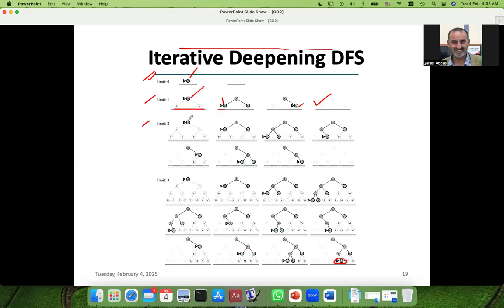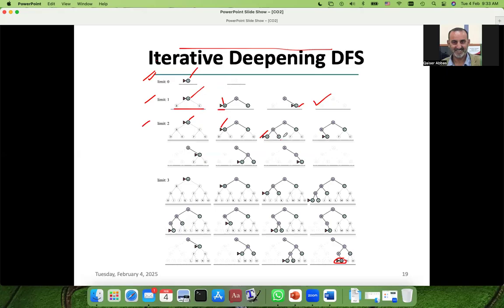Then it will execute the things again, starting from the root node A. It will expand these and go to the left on the deeper side. Is this a goal? No. It will expand the depth further. Now you have 2 nodes, D and E here. It will go on the left on the deeper side. Is D a goal?